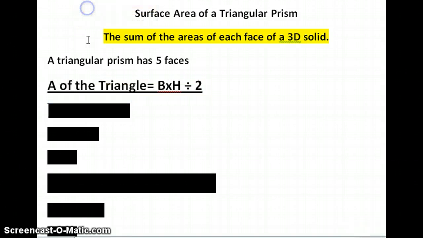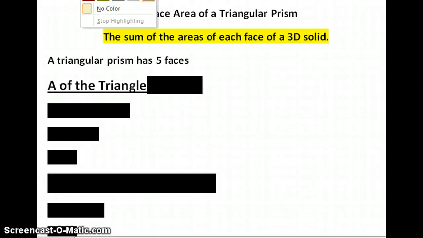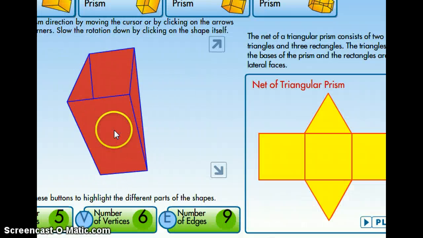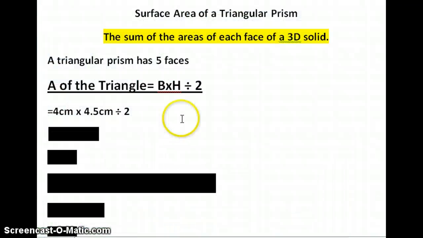So let's look first at the area of a triangle. Can everybody remember how to find the area of a triangle? Okay, hopefully you got it. The area of a triangle is base times height, and then we divide it by 2. So for this triangle, on the 3D solid that we are looking at, the dimensions are: the base is 4 centimeters and the height is 4.5 centimeters, and we're going to divide that by 2.